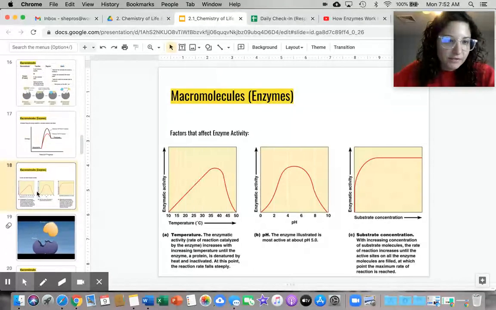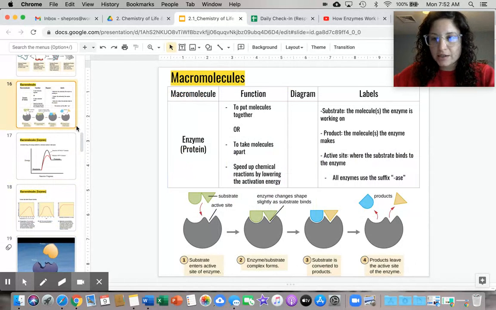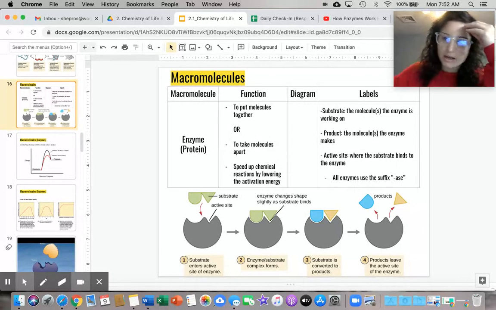Before we go into the video, I did forget to mention one thing, just as a hint. For MCAS or for anything we're doing in biology, if you see this suffix ACE, A-S-E, at the end of a word, it is referring to an enzyme. So in your head, you should be thinking, okay, whatever name it is, like helicase, ligase, amylase, DNA polymerase, RNA synthase, or ATP synthase.